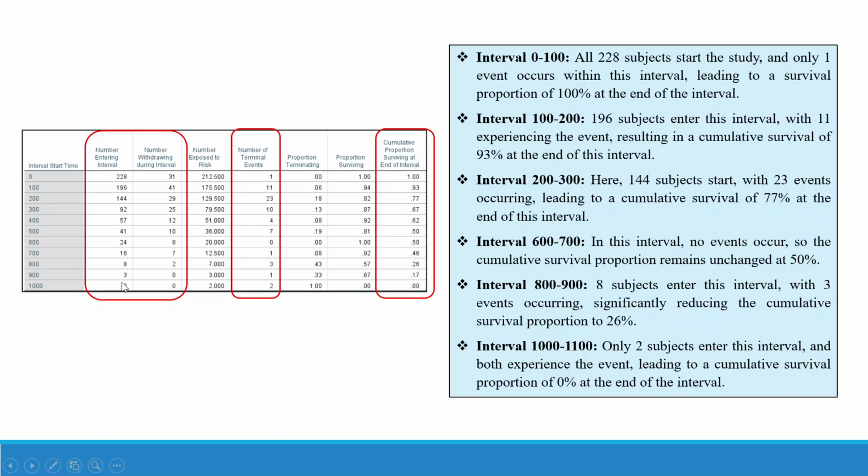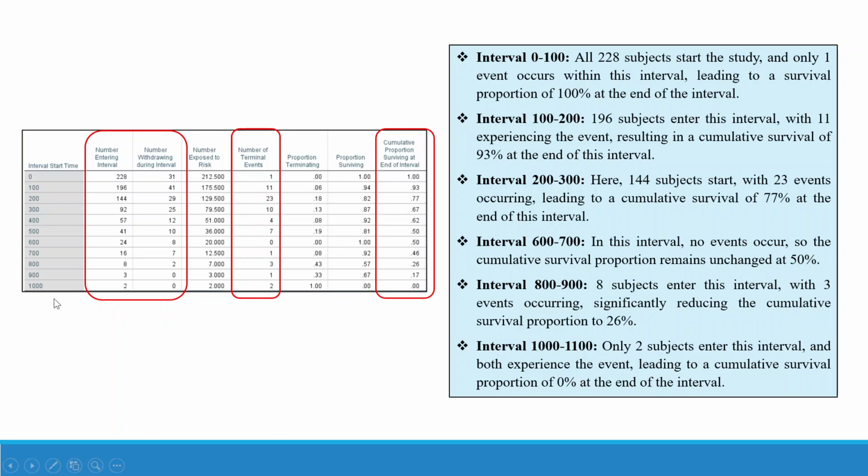Now, 1000 to 1100. Only 2 subjects enter this interval, 2 death. So leading to a cumulative survival proportion of 0% at the end of the interval. So at the end of the study period, nobody survived.